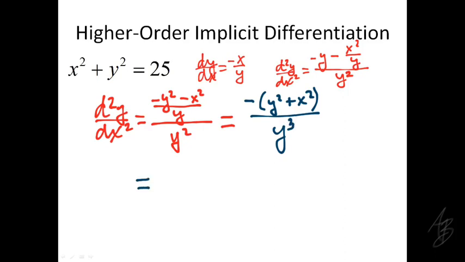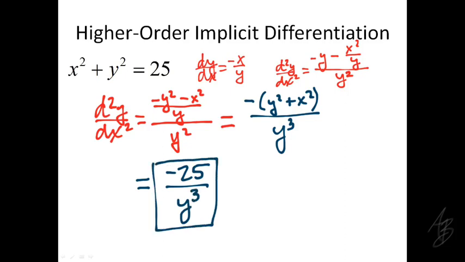So the second derivative of y with respect to x is equal to negative 25 over y to the third power. It is likely, if you were taking a multiple choice test, that this would not be one of the options as the second derivative of this relation, but this would be. So you would have to be able to manipulate this into a form that looks like this.